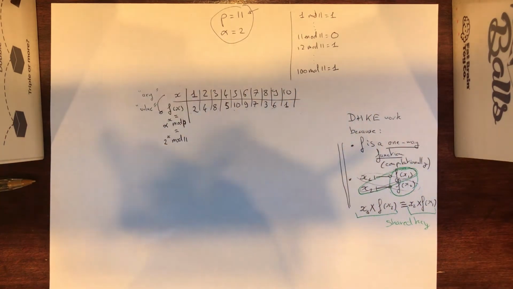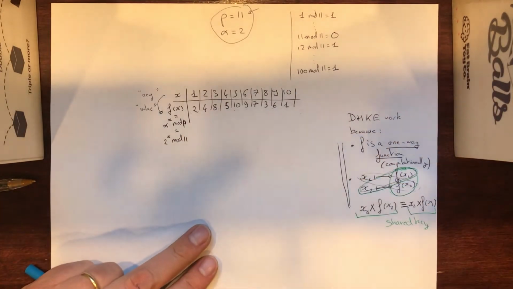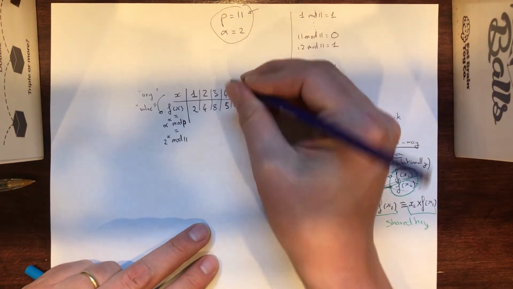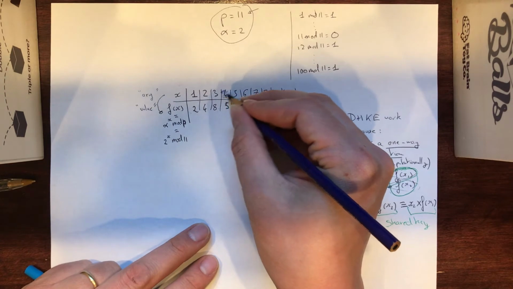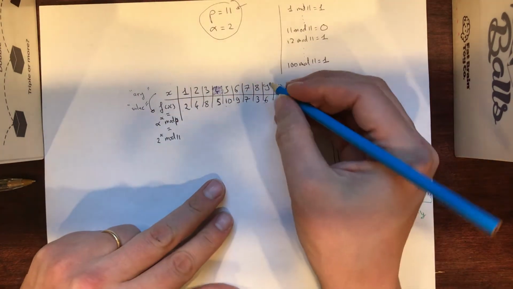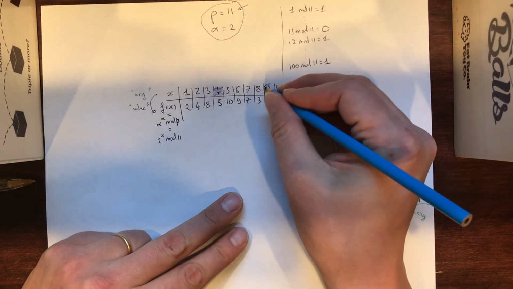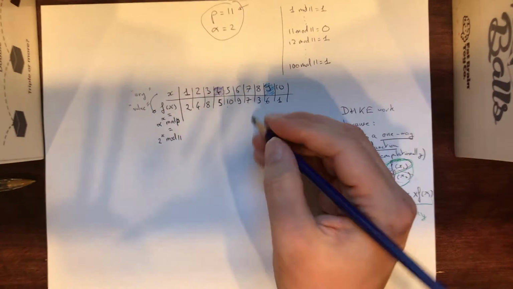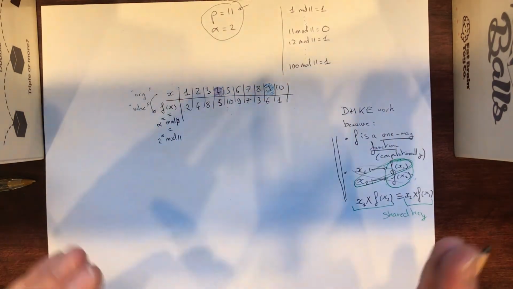Let's say that we have Alice and Bob, and Alice is taking number 4 as a private key, and Bob in blue is taking number 9. Of course 4 and 9 are not shared, right?